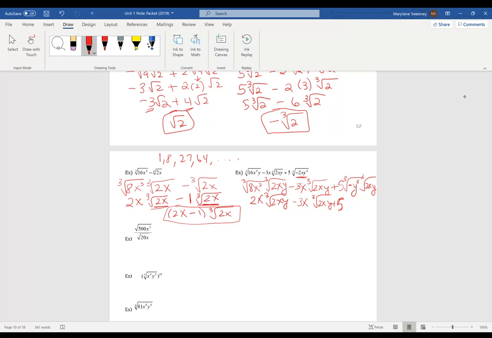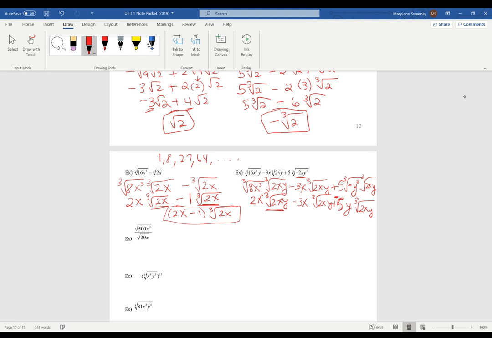Okay, so the cubic root of a negative y cubed. So remember, you can take the cubic root of a negative. Cubic root of a negative will be a negative. And then y, cubic root of y to the third is y. And then here you have left cubic root of 2xy.